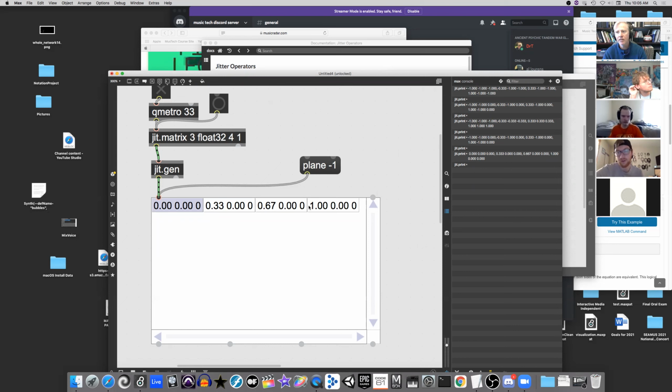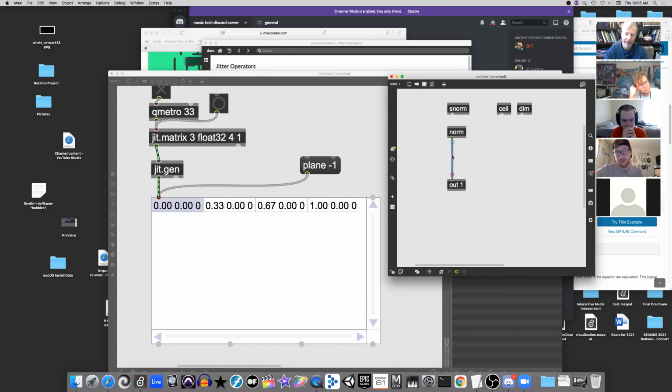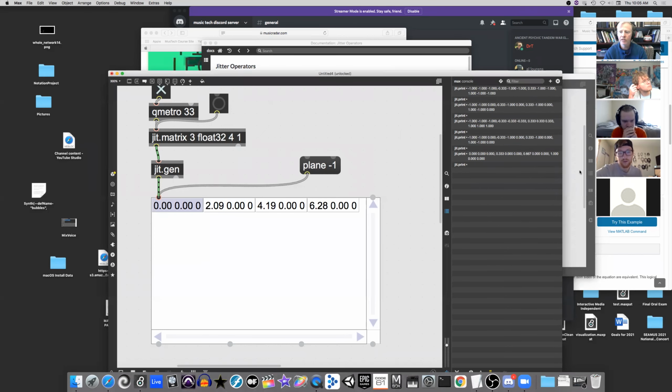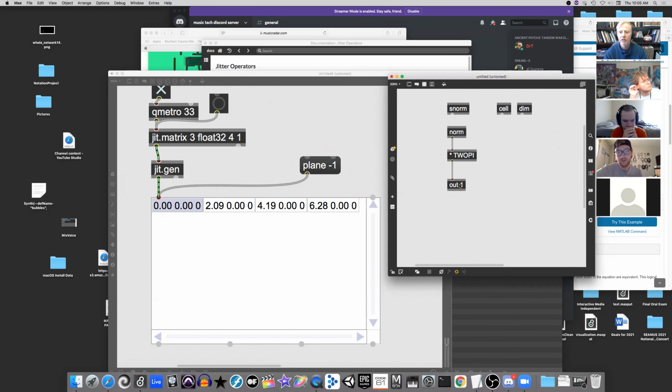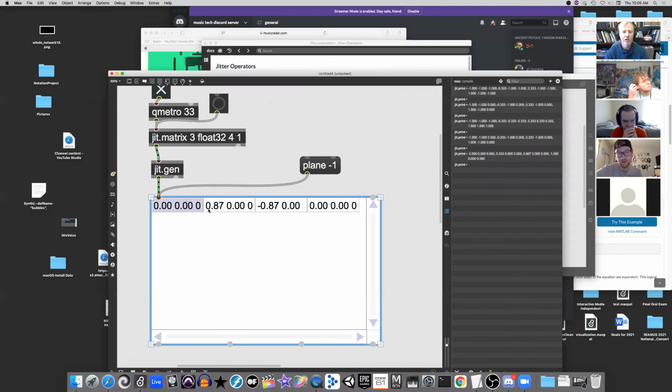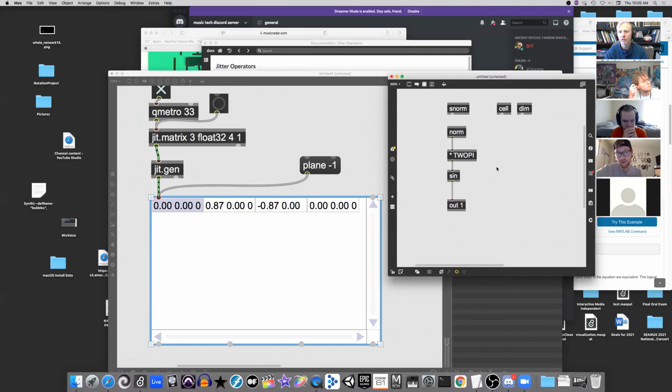If I multiply this by 2 pi, so that instead of going from 0 to 1 it goes from 0 to 2 pi, then we get different numbers, all the way to 6.28. If I take the sine of that, then I have numbers that go up and down based on a sine wave. So this is how I would create a curved line.